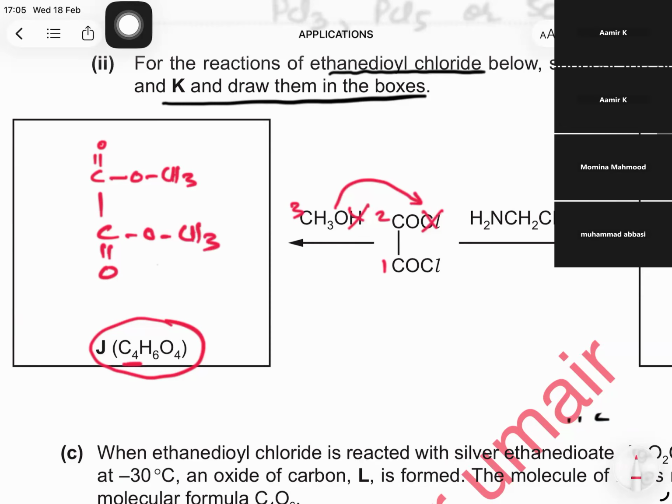That makes the justified formula for the molecule. So how will we know, Lalma, that both acyl chlorides have to react? By looking at the molecular formula. This is what I'm trying to say. Otherwise we know when acyl chlorides react with alcohol, their H is lost and their Cl is lost.